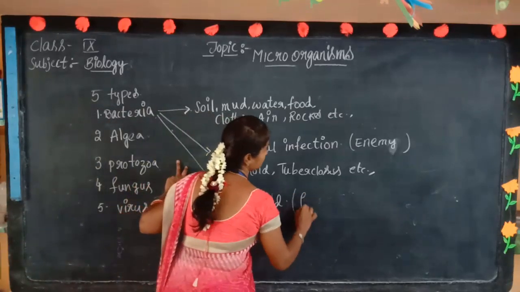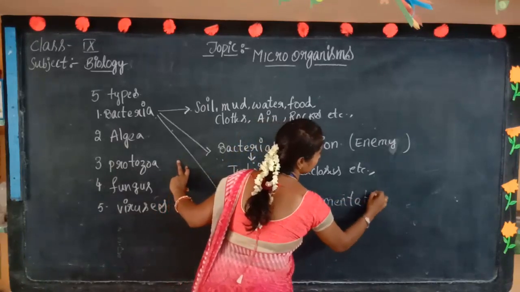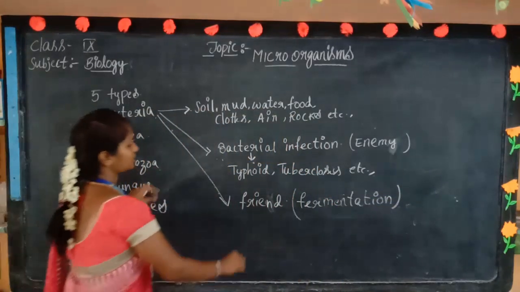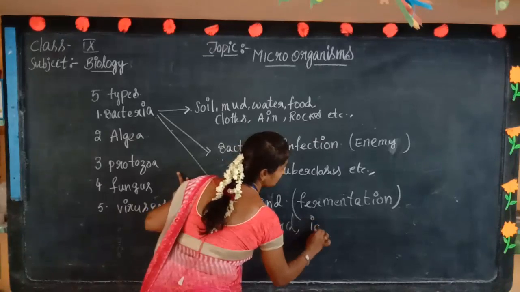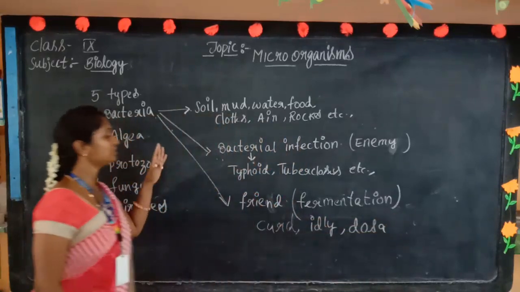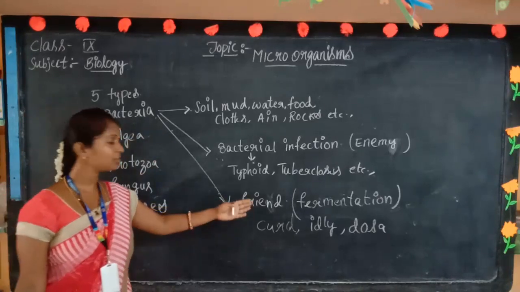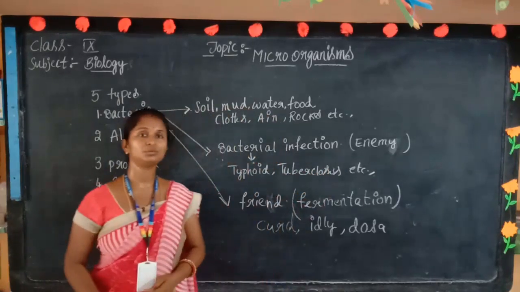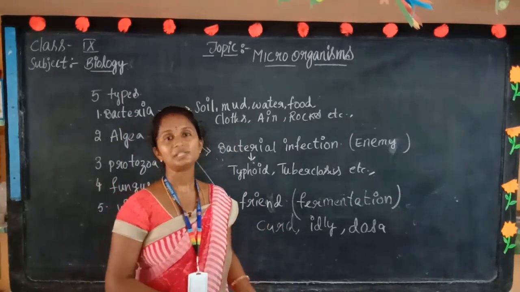They perform the fermentation process, and it gives us curd, idli batter, and dosa batter. Like that, bacteria are helpful for us. That's why bacteria are good for us and act as a friend. But in other cases they act as an enemy. That's why I told you in the last session itself, microorganisms are somewhat good and somewhat enemies for us.